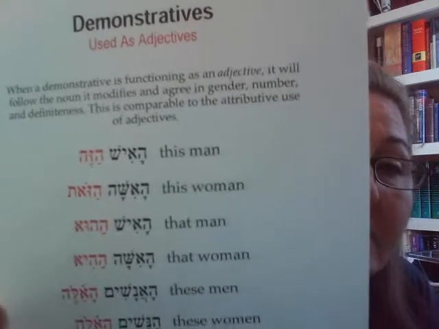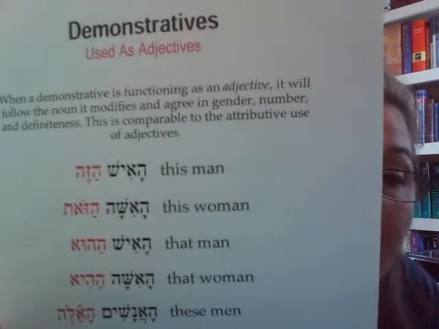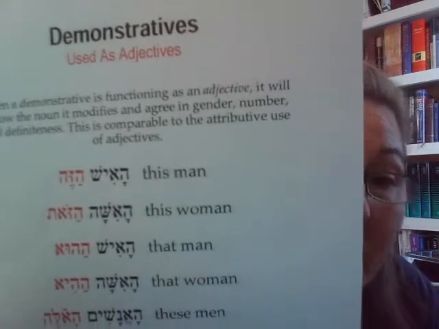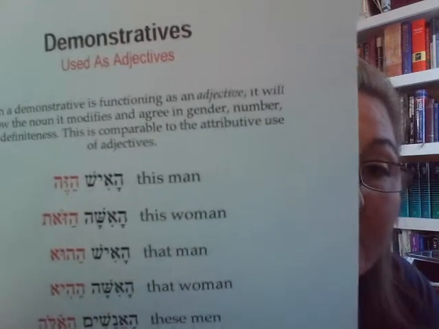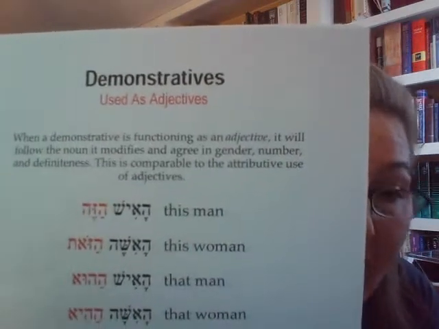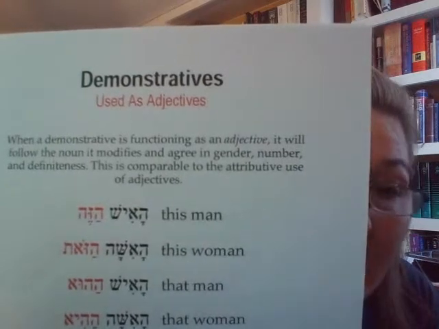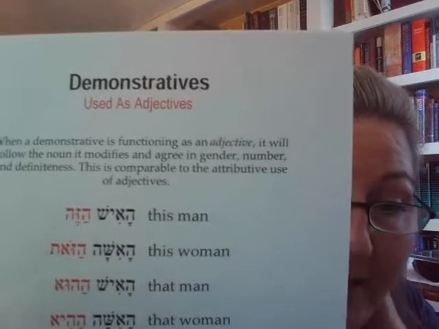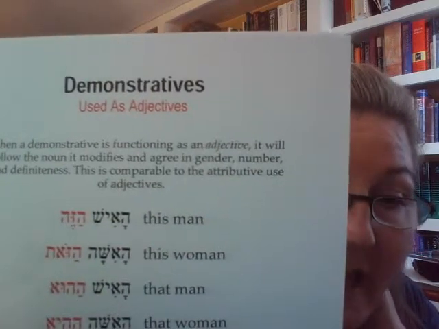So if this is going to be a demonstrative that's being used as an adjective, it's going to come after the noun. It's going to agree in number, gender, and definiteness. Let's look at this first one here. Ha-ish, hazah, this man. Now, if we were to translate this literally, it would be the man, the this.